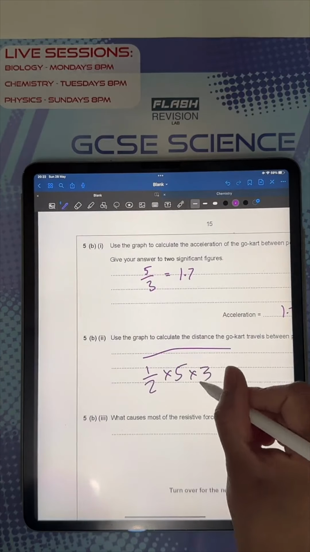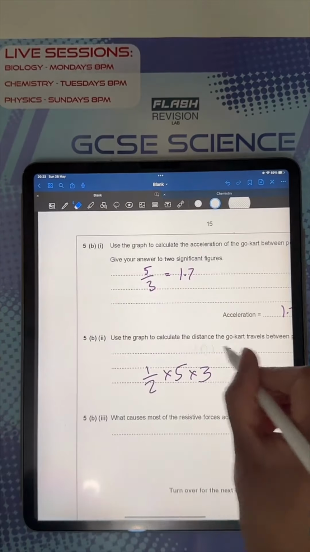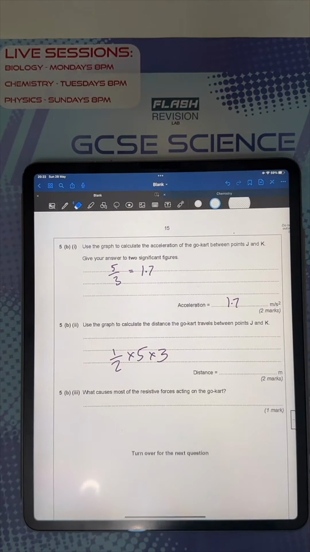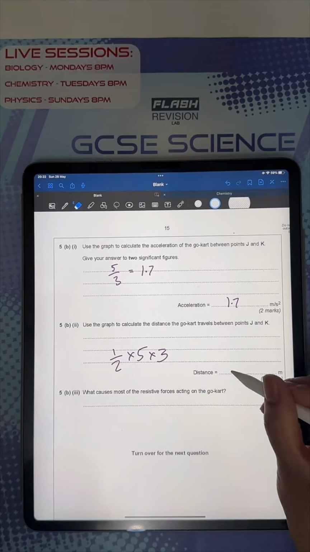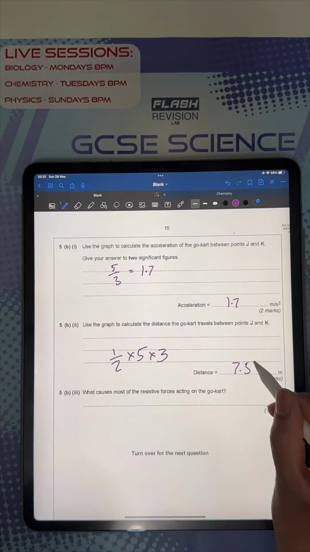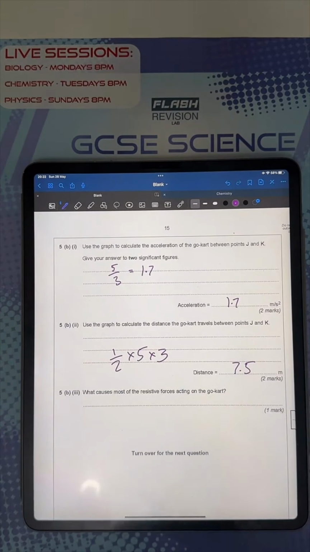What does that give? Anyone got the answer there? 7.5, yeah. So let's write that down: 7.5 meters. Good.